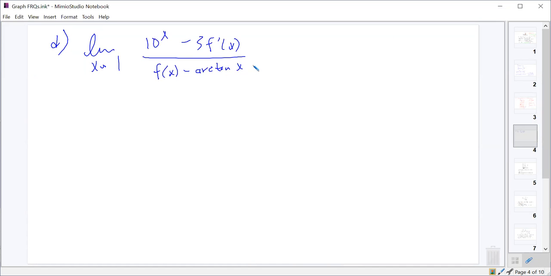As we approach 1, we end up with 10 to the first, so 10 minus 3f prime of 1 over f of 1 minus the inverse tangent of 1, which is pi over 4.